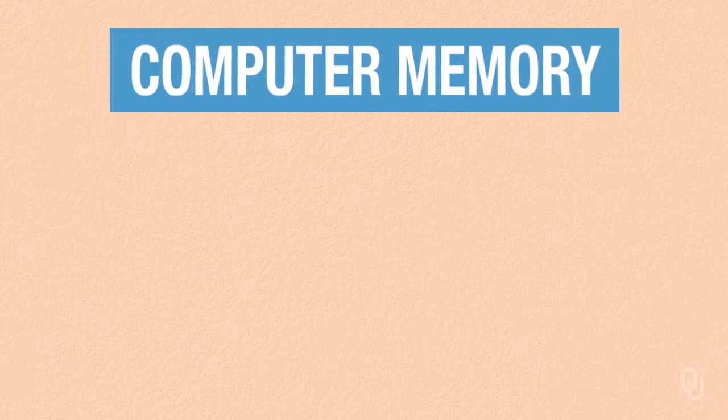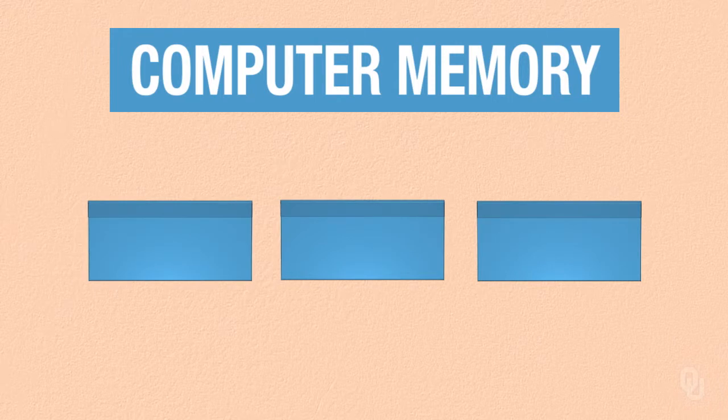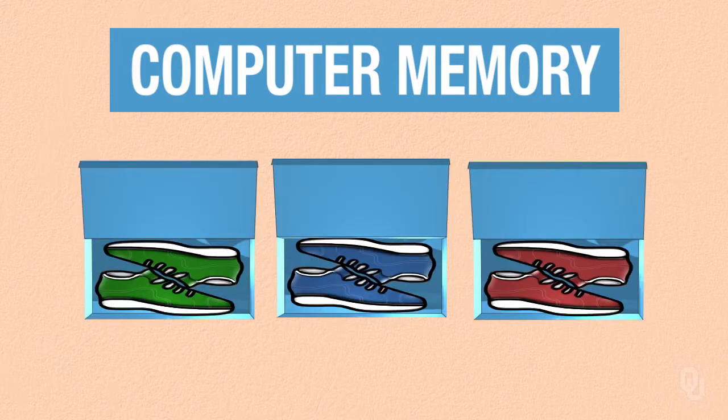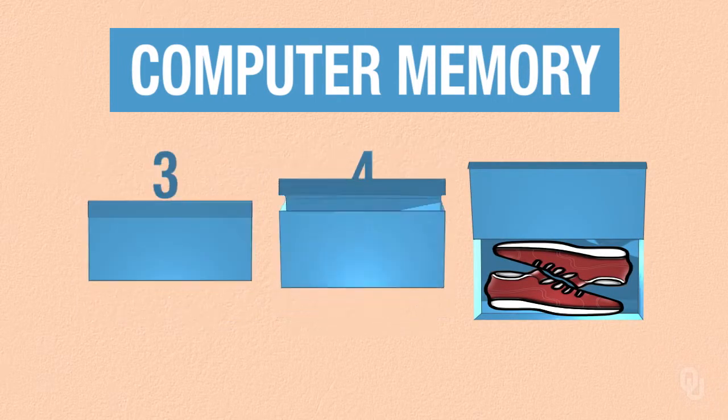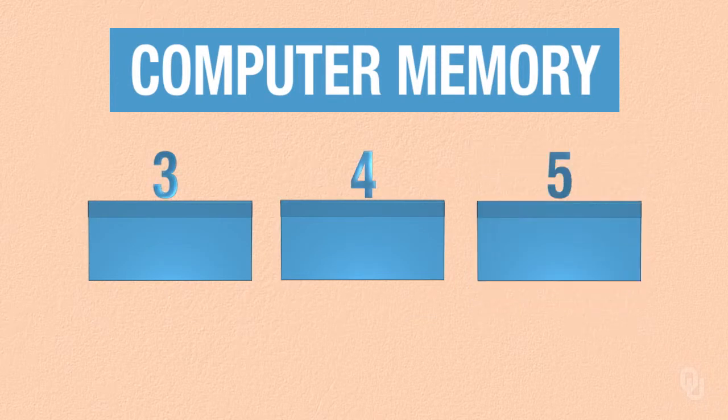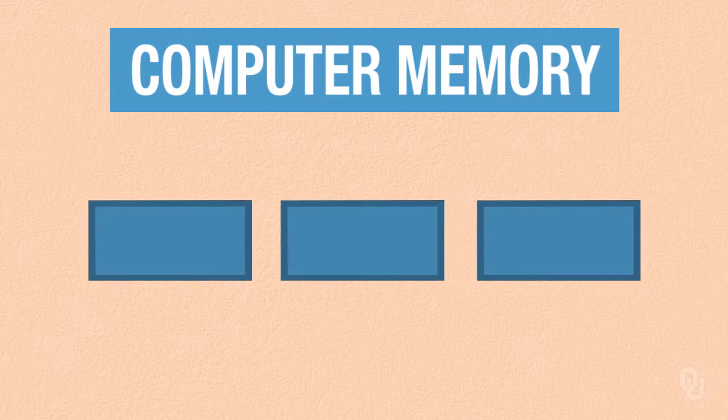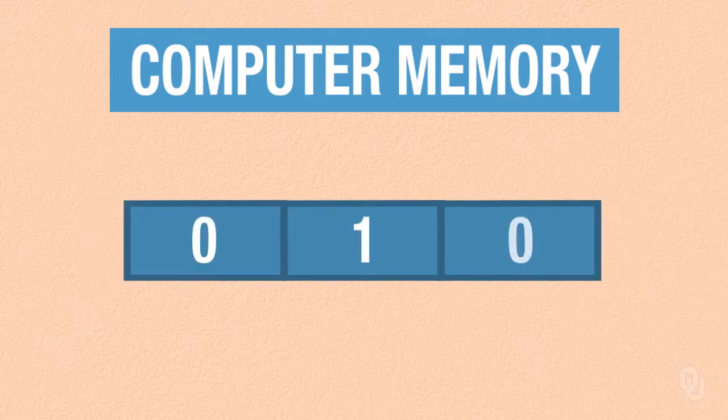To explain how this works, it helps to know a little bit more about computer memory. Computer memory is like a row of numbered shoe boxes. Each box can contain 1 pair of shoes, and each box has its own address, the number written on top of it. Computer memory consists of groups of bits. The computer can set each bit to be either 0 or 1 and nothing else.